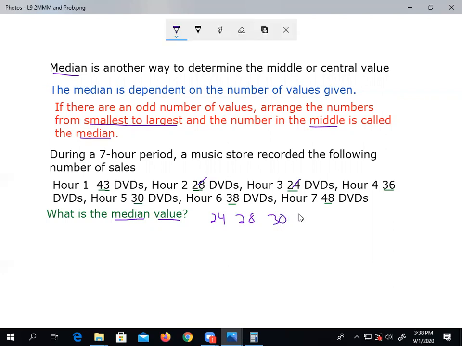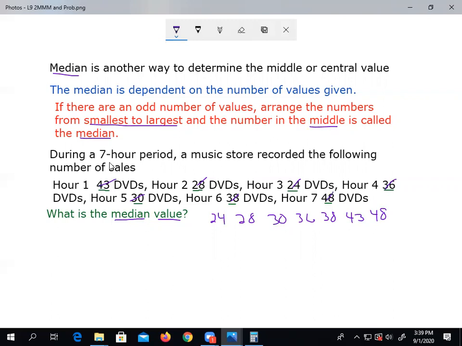I see a 36 and a 38. Then we have a 43 and a 48.